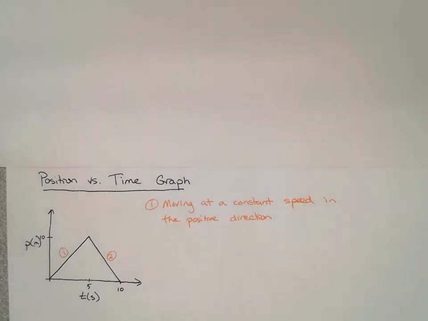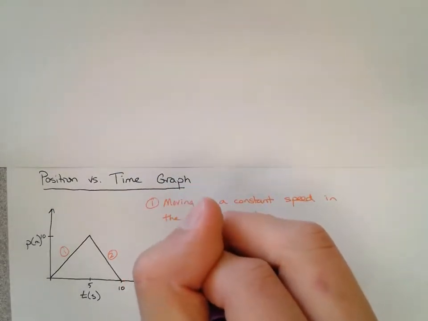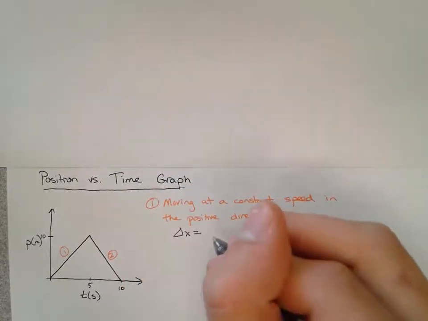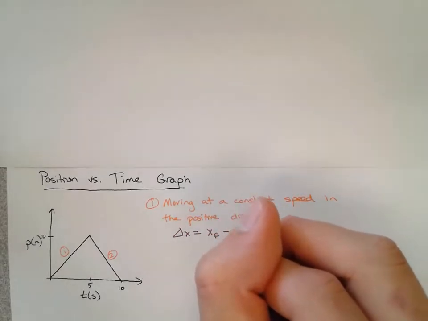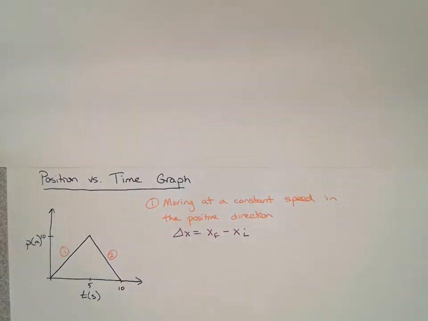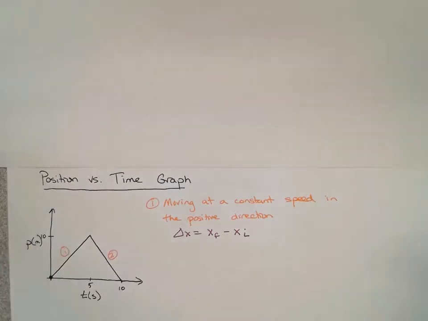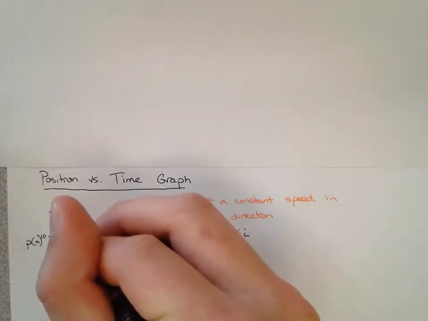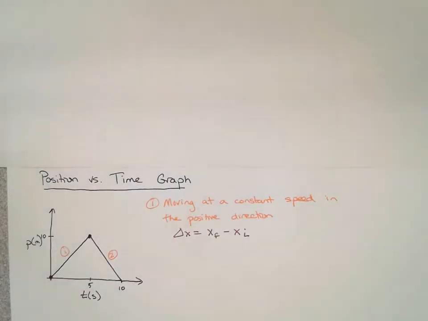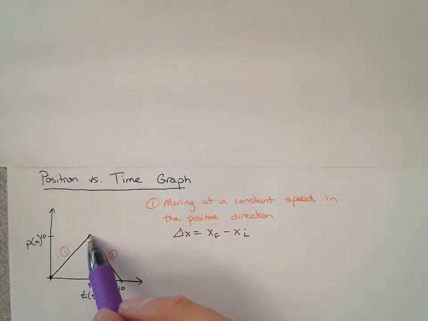Now, if I wanted to find out what my displacement in that first section of motion is, I totally could. I could say displacement is equal to my change in position, so my final position minus my initial position. And looking at this, I start here and I end here for that first section of motion. So my final position right here is 10 meters.